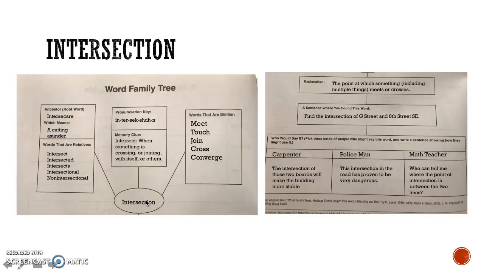So, how would I integrate this strategy? Here's an example of what I did. Like I said, I used intersection, with relative words being intersect, intersected, intersects, intersectional, non-intersectional. How I would integrate this strategy is that I would begin by asking the students how they would use the word in their daily lives.